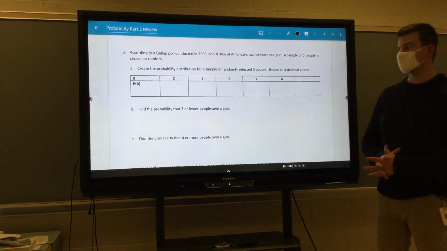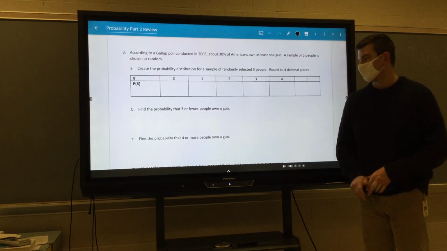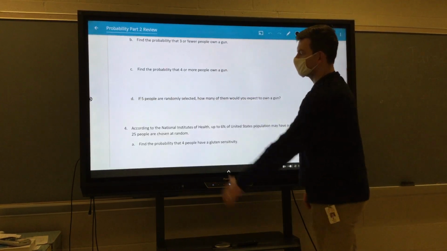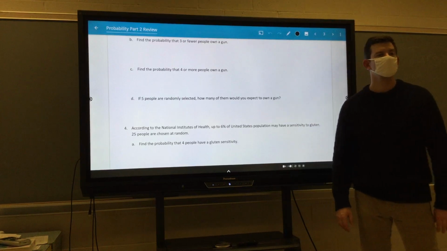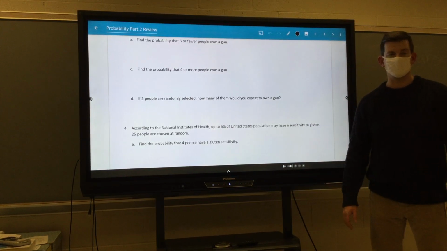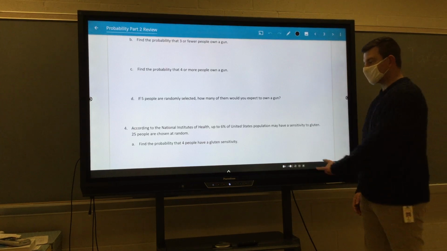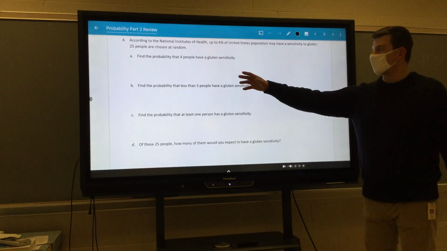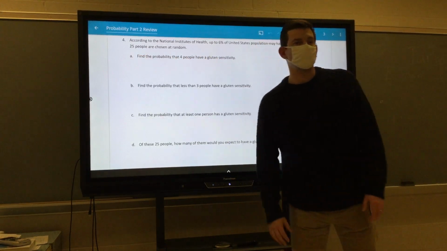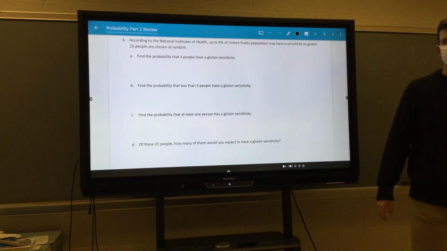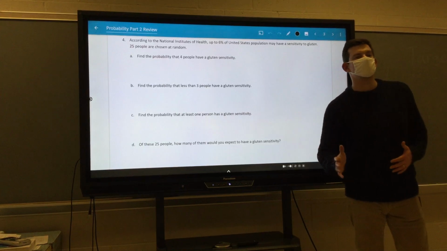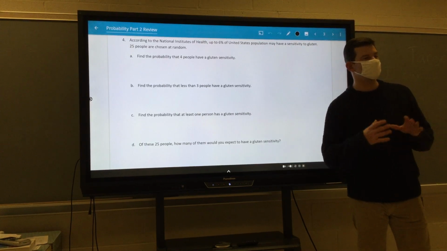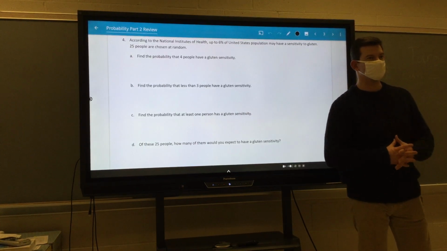Once you have that distribution created, answering these questions is pretty straightforward. You could use that, or you could use the PDF, CDF stuff. This next question, now we have a much larger sample of 25 people. You're no longer making the chart, going straight to either PDF or CDF or GeoGebra to calculate those.